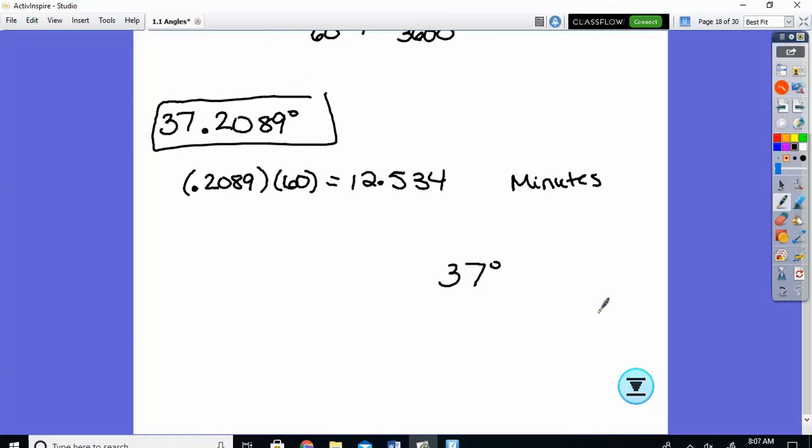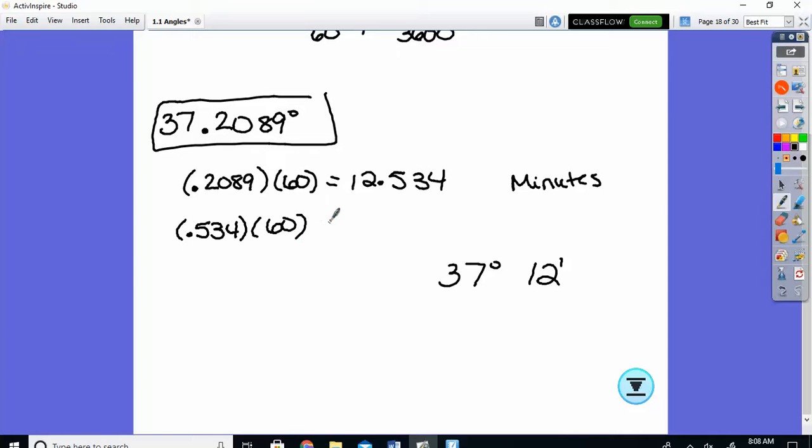So how many complete minutes do we have? 12. Okay, now we need to get our seconds. So this is minutes. If I think about my decimal, how many seconds are in 1 minute? 60. So we just take that decimal and multiply by 60 again. So we have 0.534 of a minute.